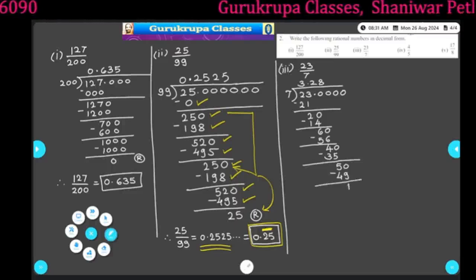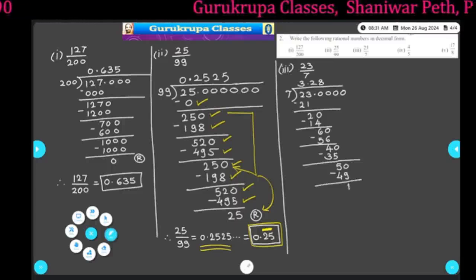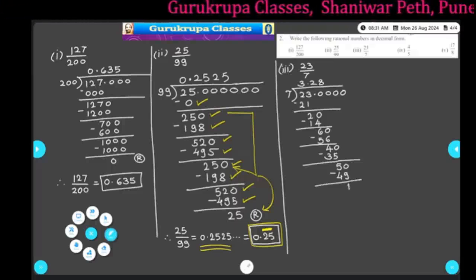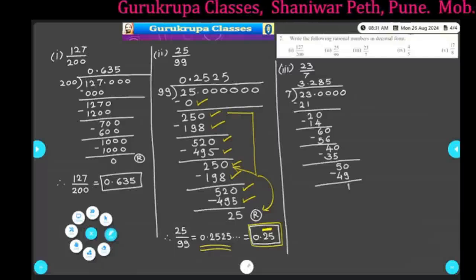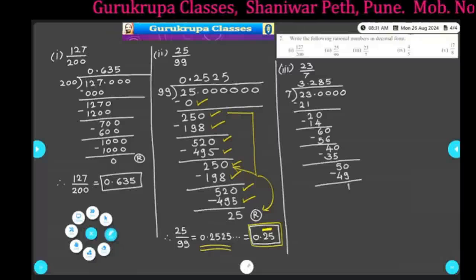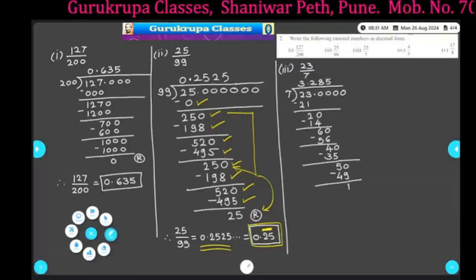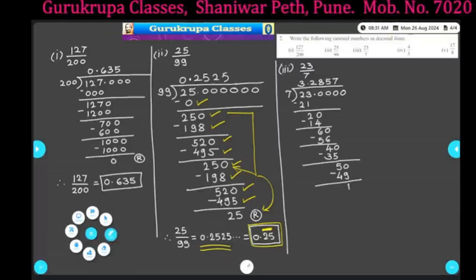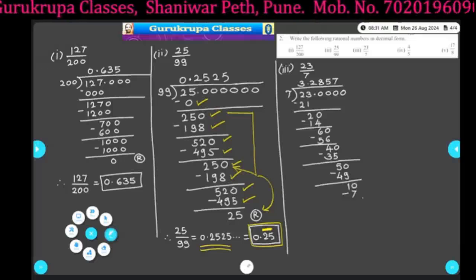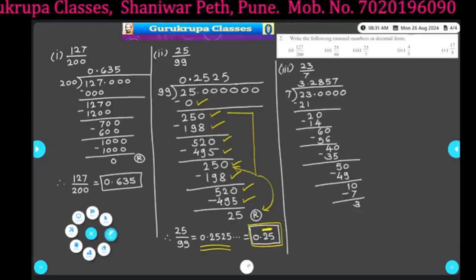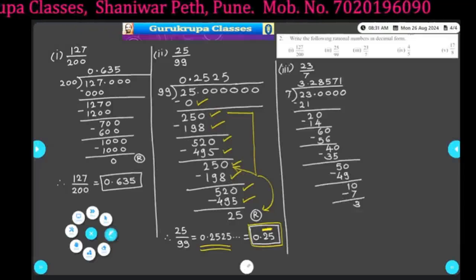We get 1 in the quotient section. We write down 7 threes are, then point, then 7 twos are 14, 7 eights are 56, 7 fives are 35, and now 7 sevens are 49. We add 0 to get the dividend. We get 7 ones are 7, remainder 3.